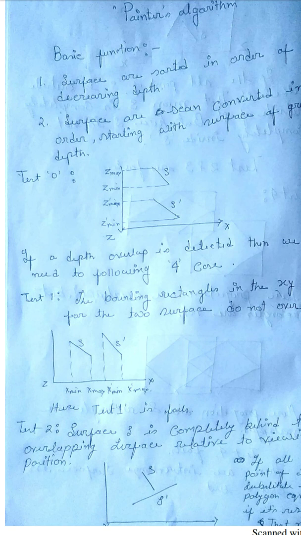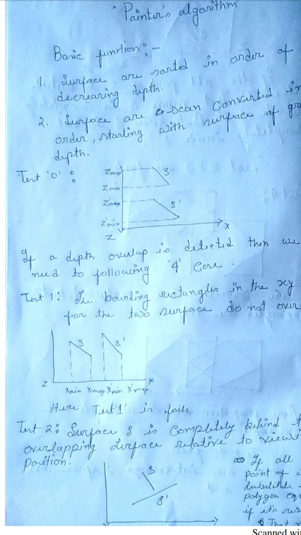What are the 4 cases? The first one: the bounding rectangles in the xy plane for the two surfaces do not overlap. Next, surface S is completely behind the overlapping surface relative to the viewing position. Then test case number 3: the overlapping surface is completely in front of S relative to the viewing position.